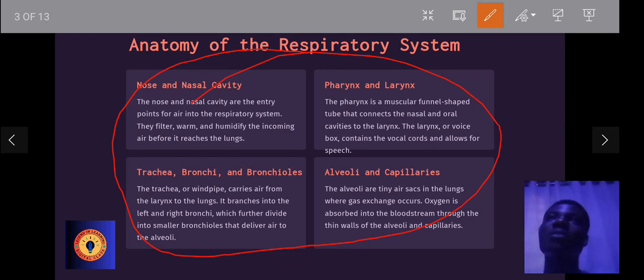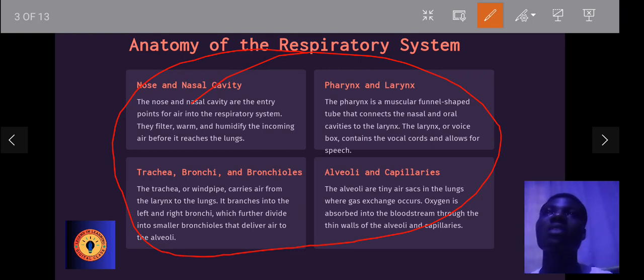The bronchi are further divided into branches, called the bronchioles, in the lungs, and the bronchioles have sac-like structures called the alveoli, and they have capillaries. The alveoli are the tiny sacs in the lungs where gas is exchanged.